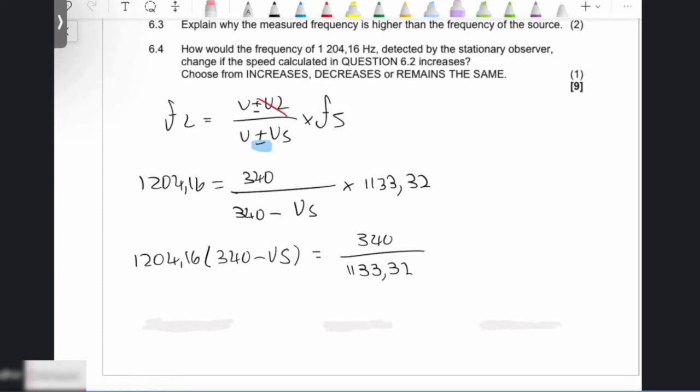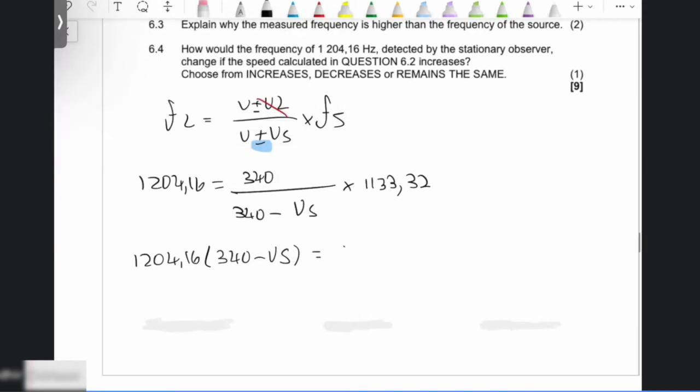All I'm going to do, guys, is divide it on this side, and then subtract the 340. So 340 times 1133.32 over 1204.16. That's 340 minus 320. Okay, so we're getting that as basically a flat 20. So velocity of the source is 20 meters per second.